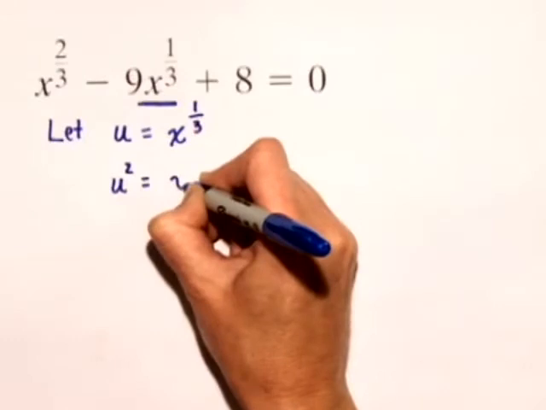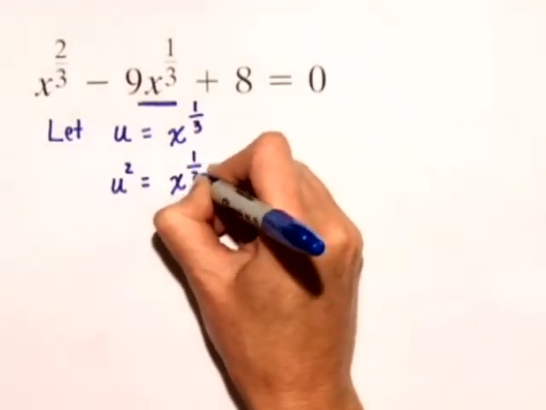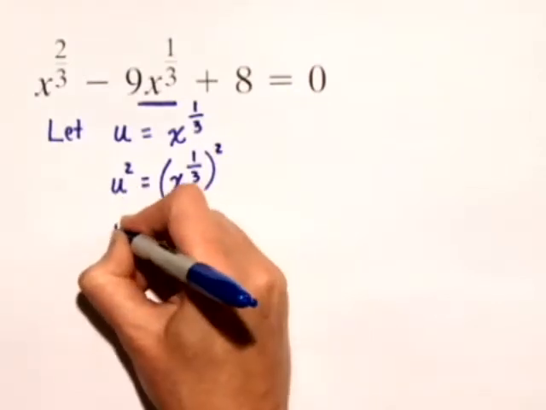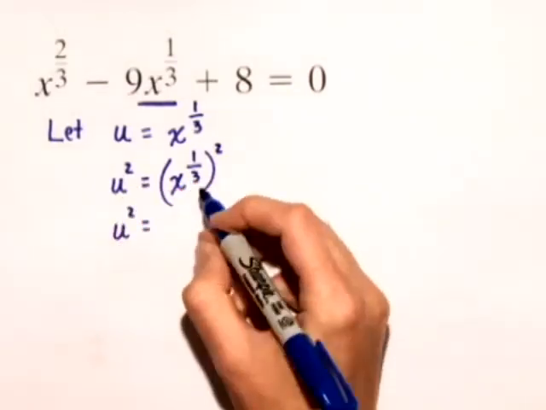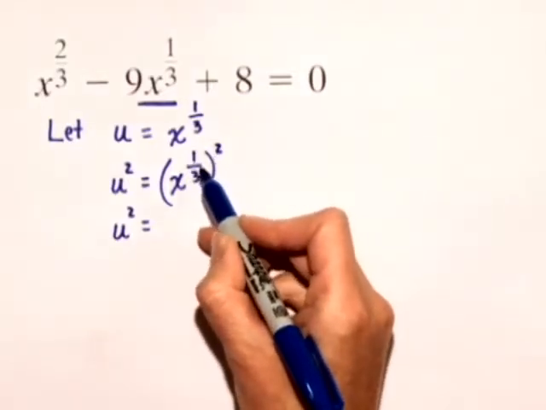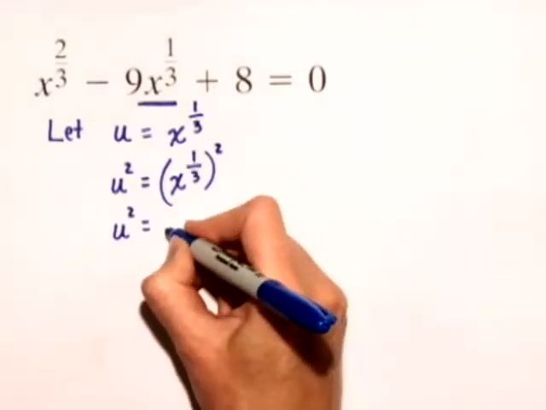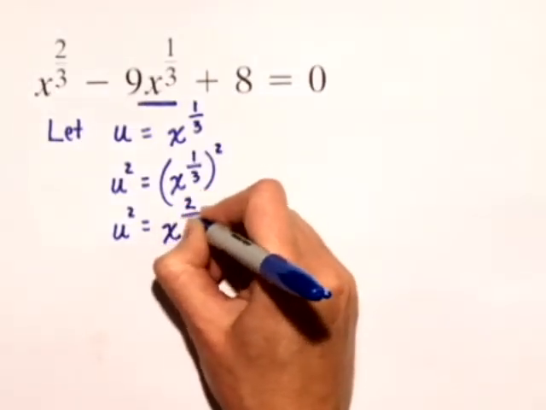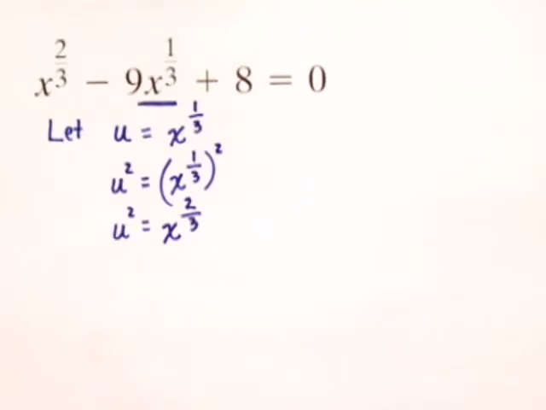Well, then I would have to square the right-hand side, x to the 1/3. And so therefore, u squared would equal, when I take x to the 1/3 and I square it, I multiply those exponents. 1/3 times 2 is 2/3. So u squared equals x to the 2/3 power.